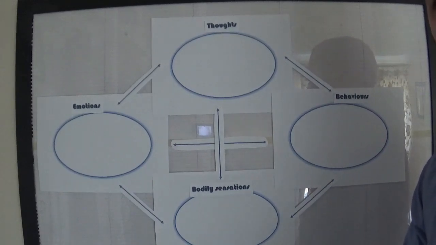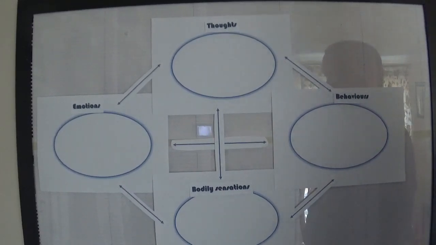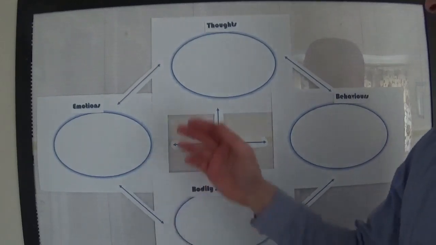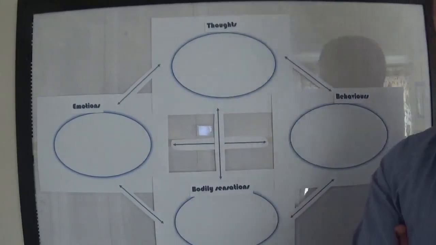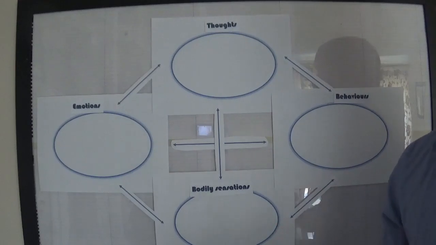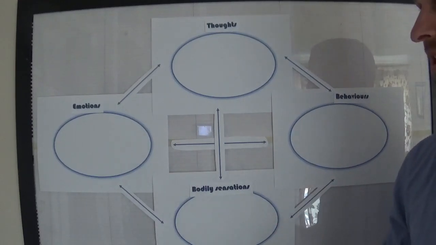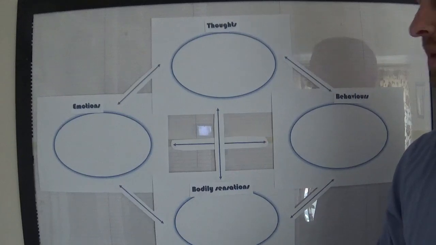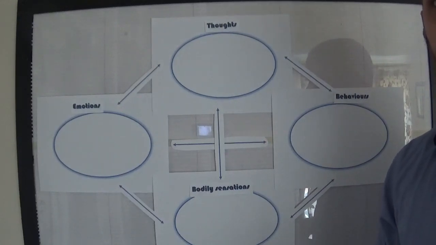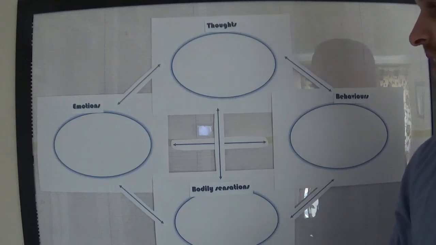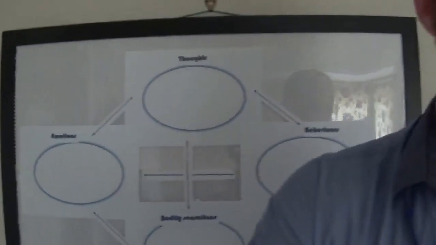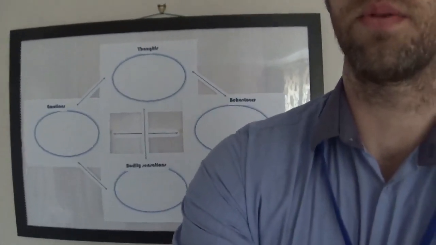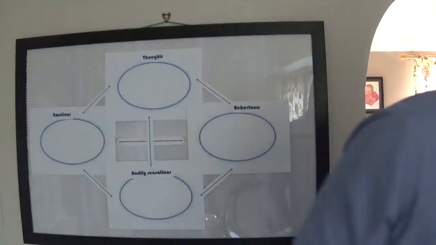And the way we try to work with low intensity CBT is to try and identify, first of all, what the thoughts, behaviours, bodily sensations and emotions are with you, and potentially in a given situation. So I've got some examples that we'll put on in a minute to see if it helps you understand a bit more in depth just how this works. So if I just move this back, I have to move it because otherwise I don't fit in the gap.